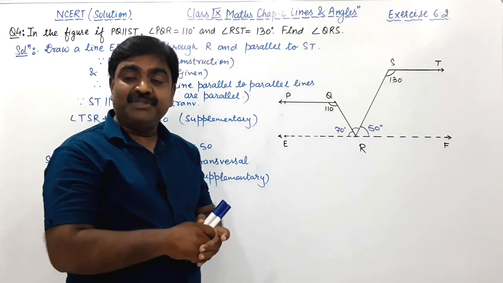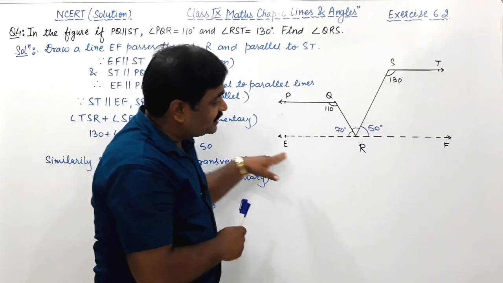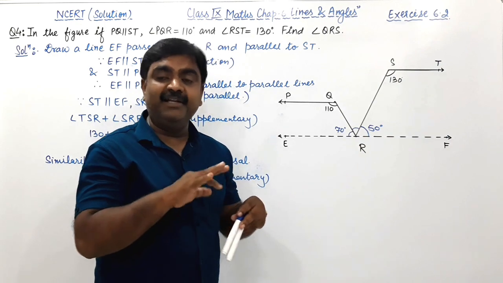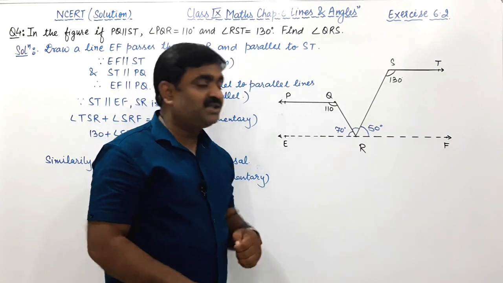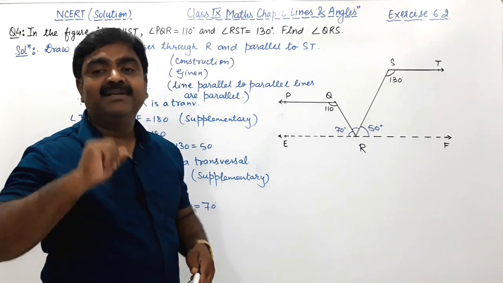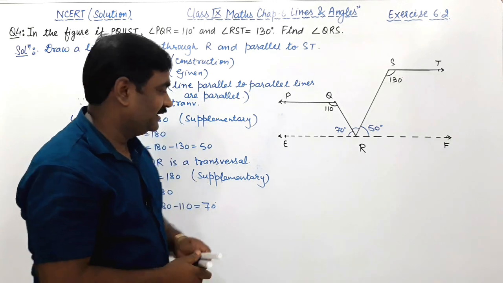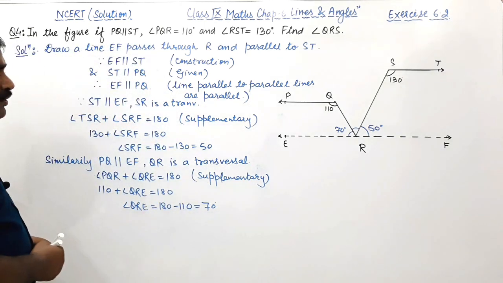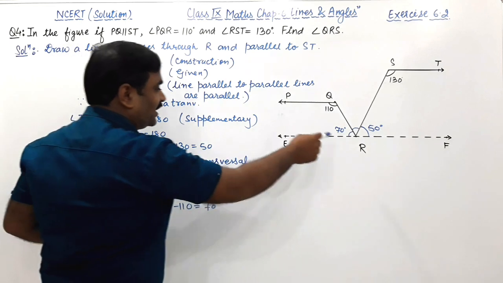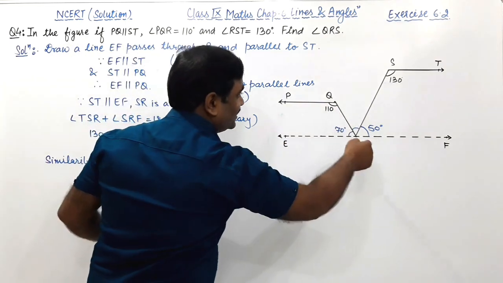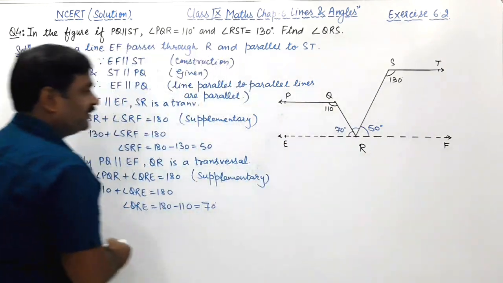What will be the sum of these three angles? They make a straight line, forming a linear pair. It means the sum of these three angles equals 180 degrees. So angle QRE plus QRS plus SRF.